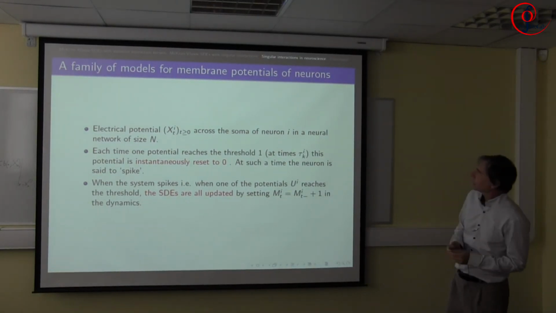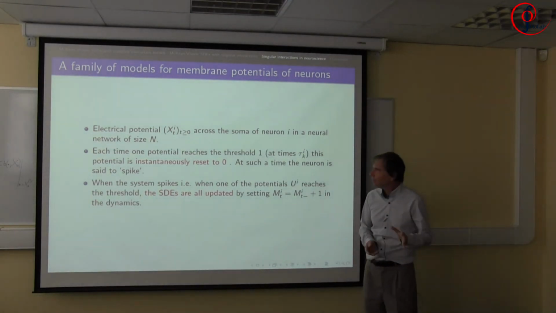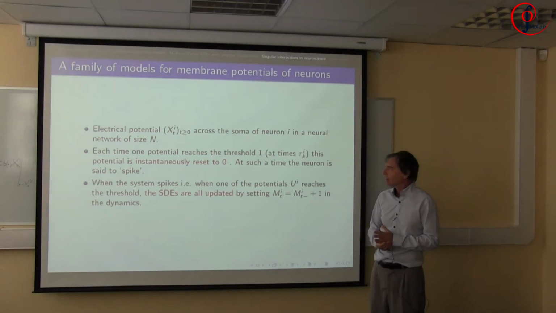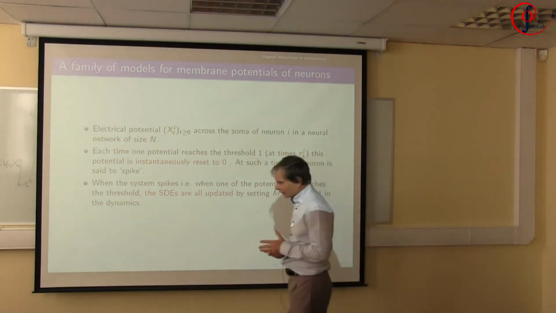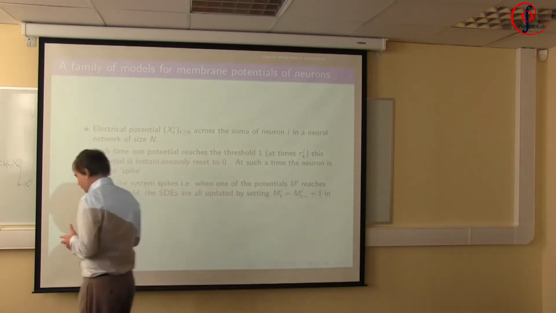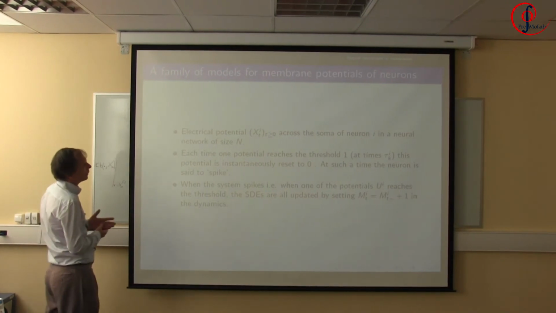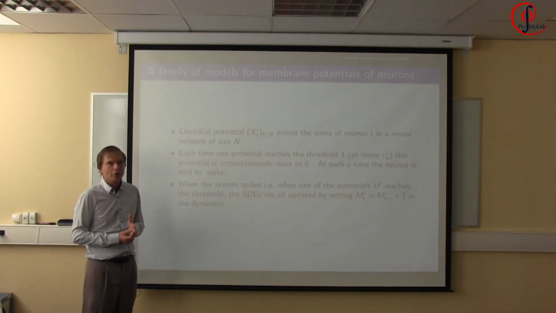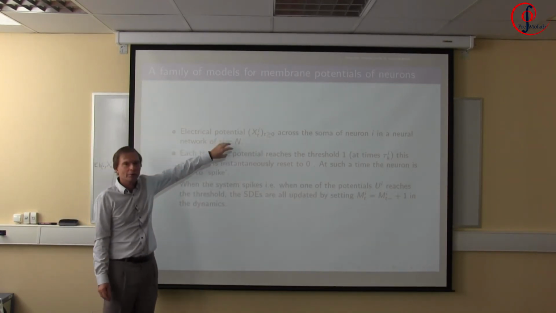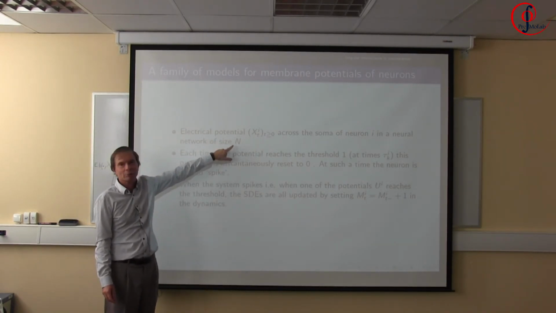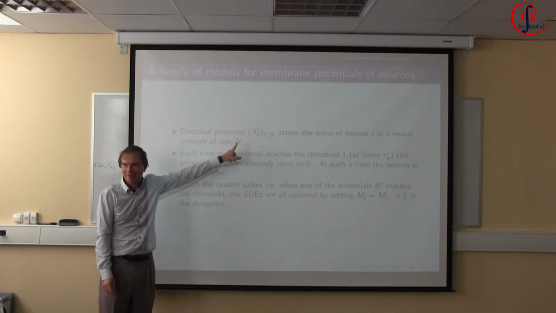So I look at populations of neurons, and if I were interested in, let's say, the brain of a soccer player or football player, probably I would not deal with a large population. Capital N equal to 10 would be enough, probably.